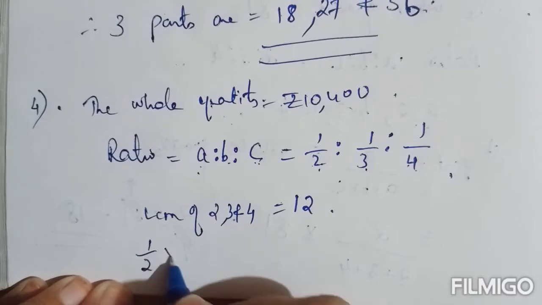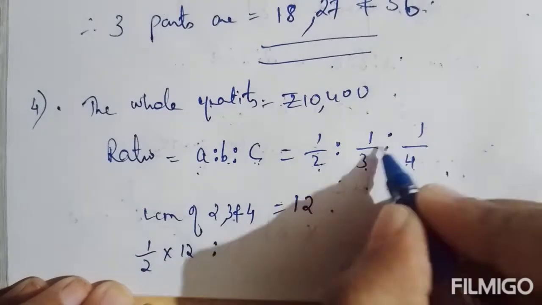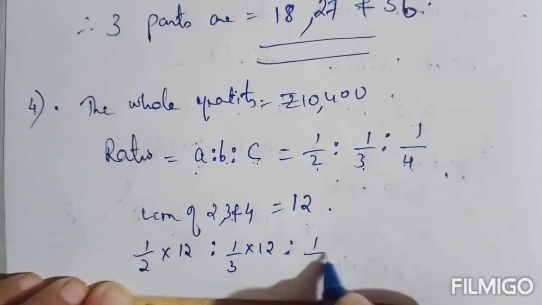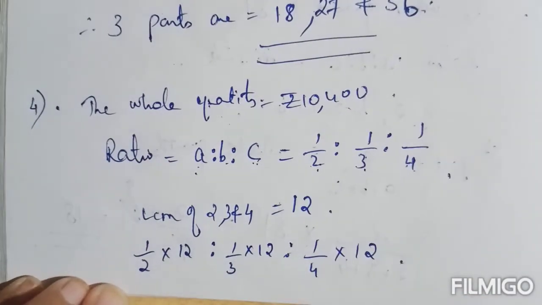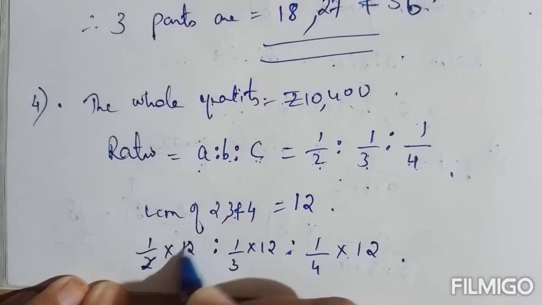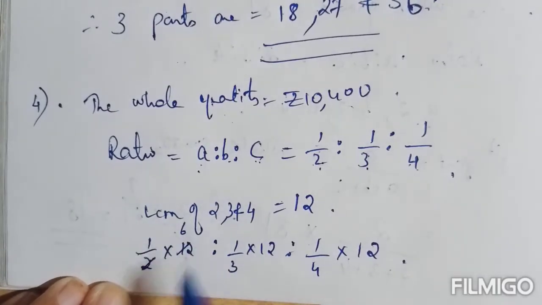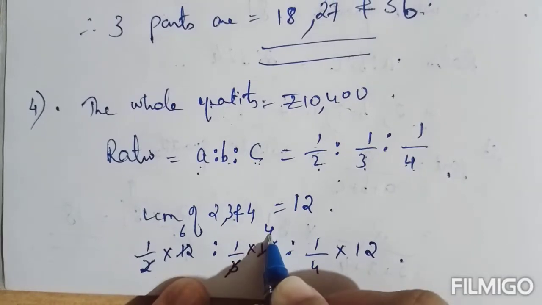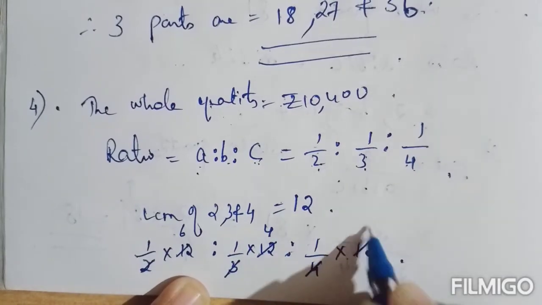1 by 2 into 12 is 2. Next term, 1 by 3 into 12 is to 1 by 4 into 12. Now 1 by 2 into 12, it will be 6. Okay, 1 by 3 into 12 is 4 and 1 by 4 into 12 it is 3.